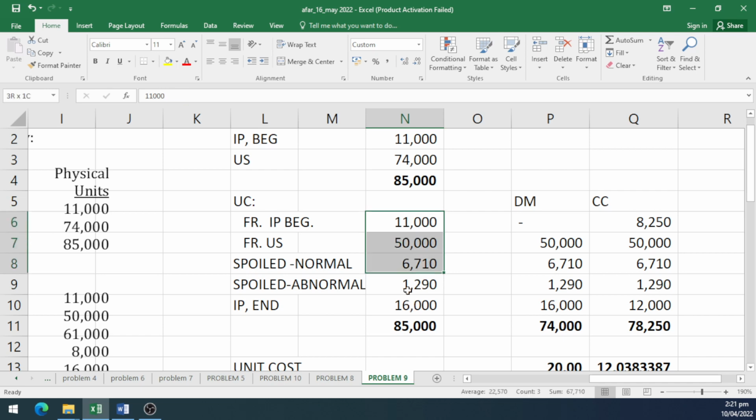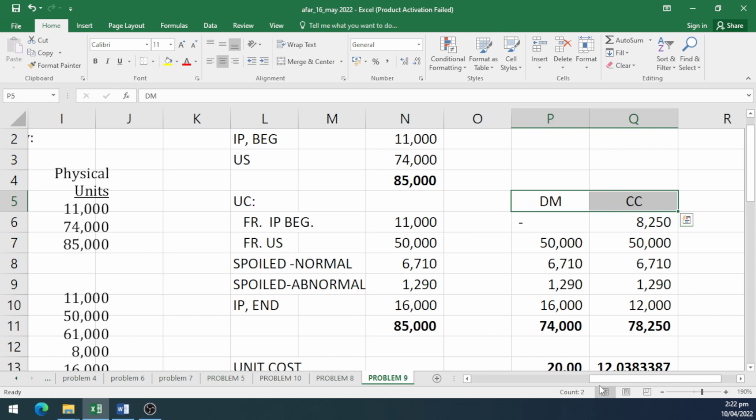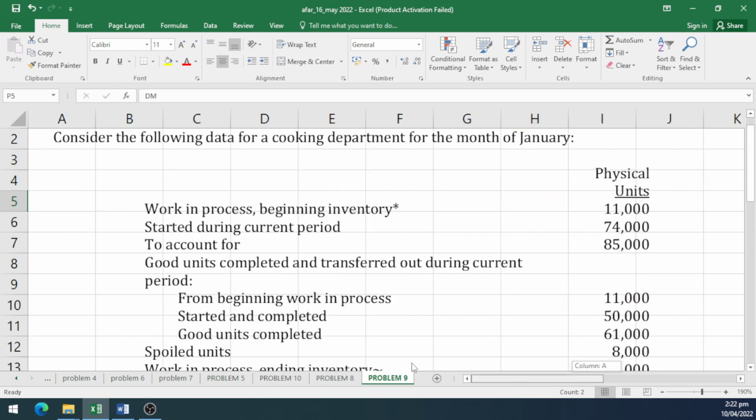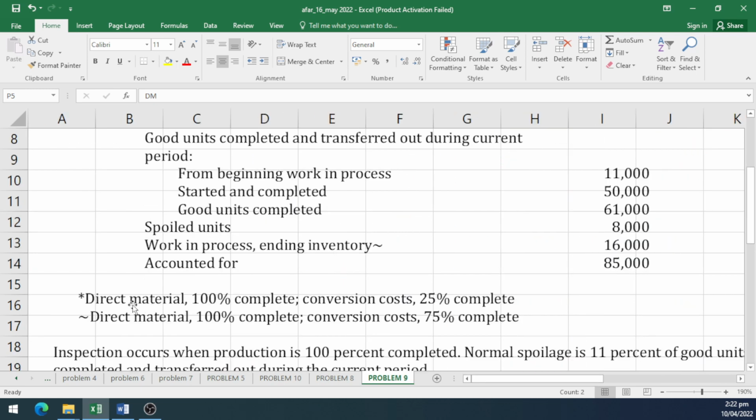Ito po yung physical reconciliation natin sa units. This is not subsequent department. This is first department, kaya wala tayong transferred in na EUP. We compute now the equivalent units of production. Tingnan nyo lang yung stage of completion na sinabi dyan, ano? Ito po, direct materials.